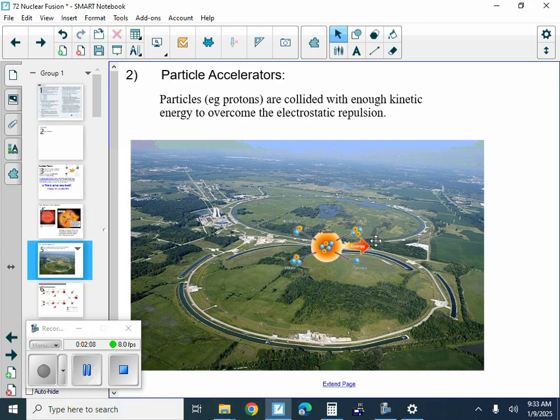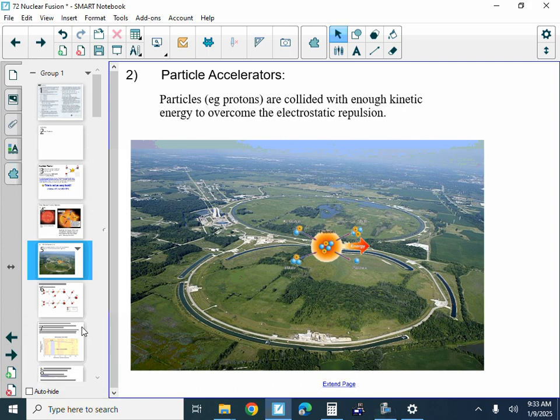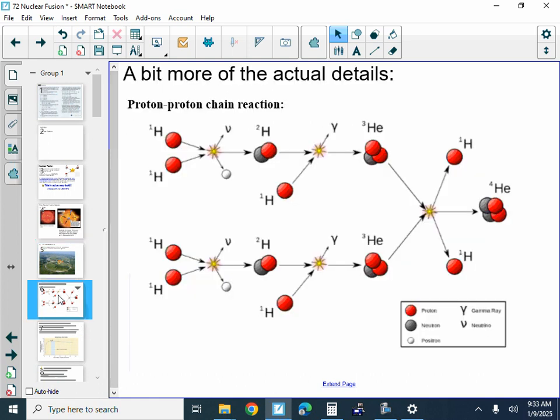So you have a proton maybe that accelerates around and comes here, and one that goes around and comes here, and then they are directed to smash together with a huge amount of energy, enough to make them actually fuse together, and that energy that goes into the reaction actually causes new particles to be created out of the energy. Obviously, E equals mc squared coming into play there.